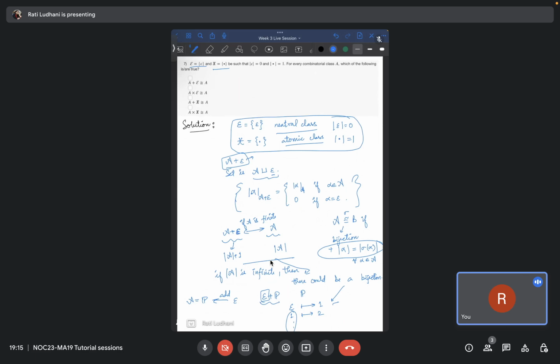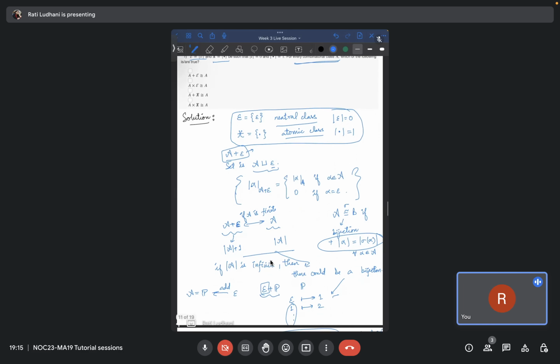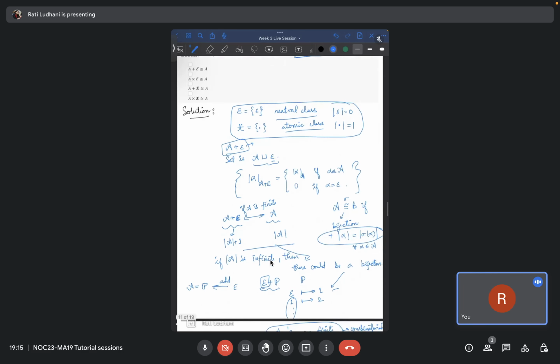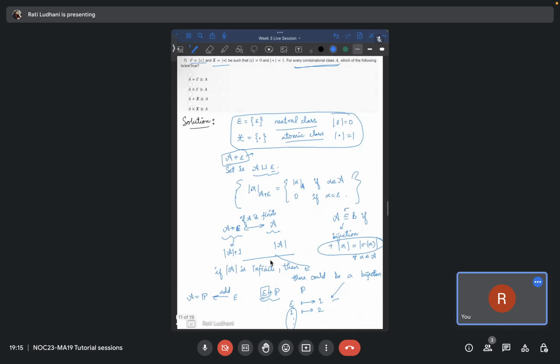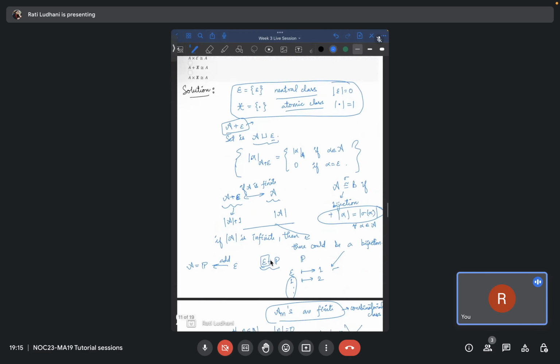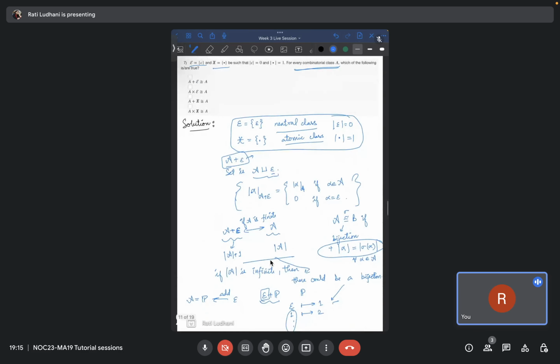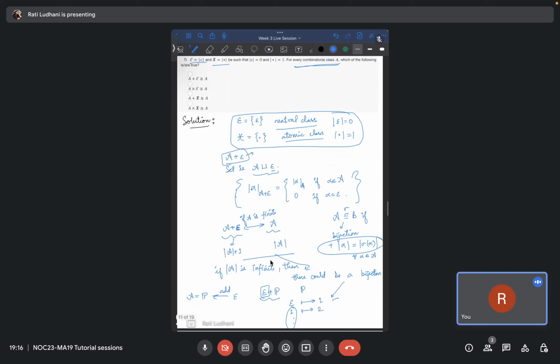So you can check it and read it. So this is really. So this is for every combinatorial class. So okay, so maybe I'll complete this question, and from next question, you you might ask me, like I'll discuss the definitions also. So I'll just complete this question first. Is that okay? Will that be okay?